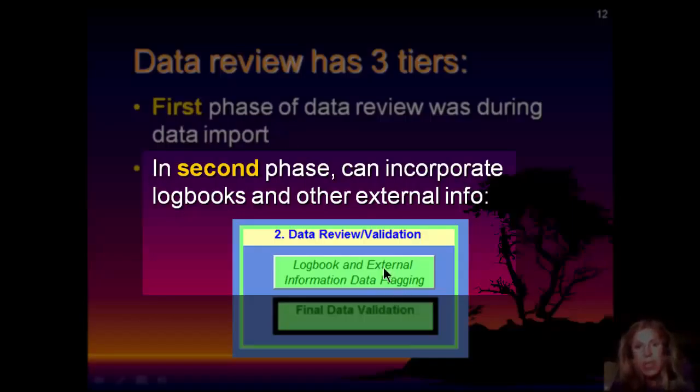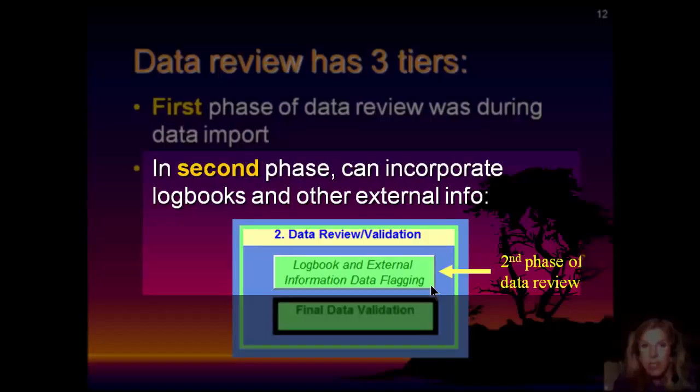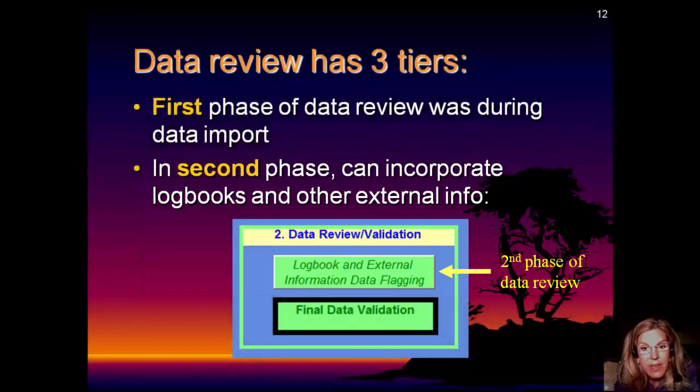So that would be the second phase, where you're looking at, for example, you realize you had something in your logbook later, after you did the import, that you want to assign flags because you remember that a bird built a nest in the Met Tower and you hadn't invalidated the hour that it took you to fix that. So that's the second phase of data review.